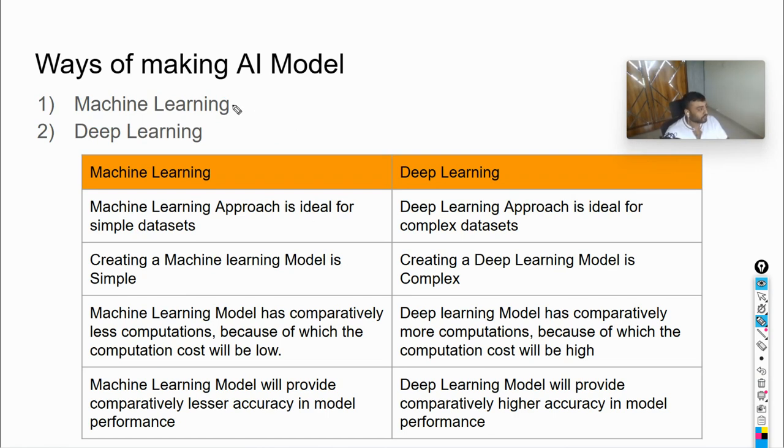Let's look at the third difference. So when I was giving you that analogy earlier of a knife and a machete, I had asked you a question that in order to cut a simple object like a potato or a tomato or apple, which is the tool that you would use? Will you use a knife or will you use a machete? So you guys said that okay, in order to cut a simple object like a potato or a tomato or apple, you guys would use a knife. What were the reasons?